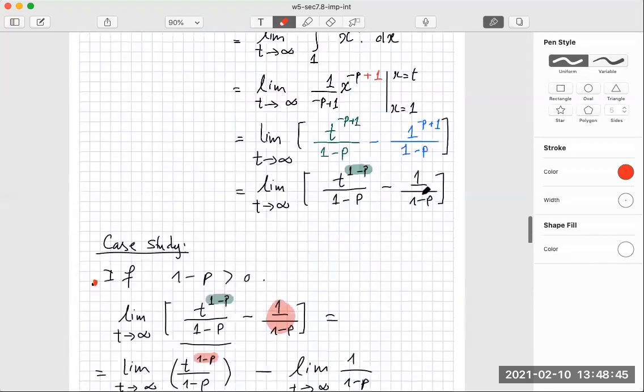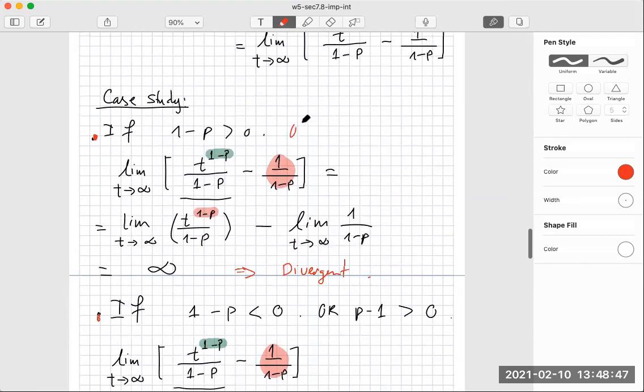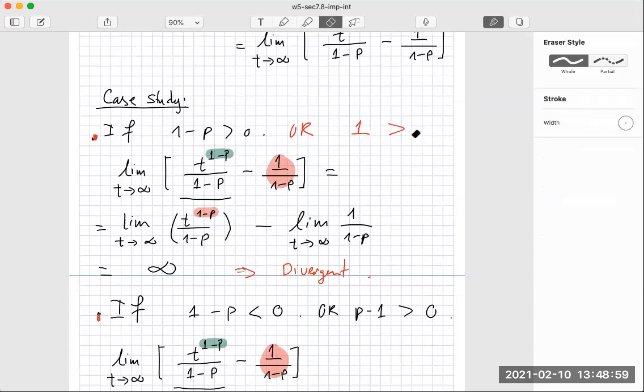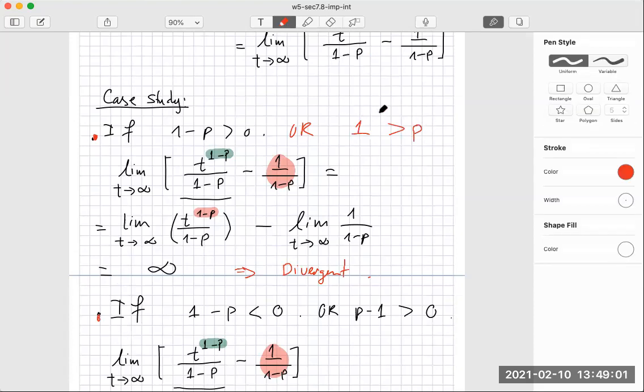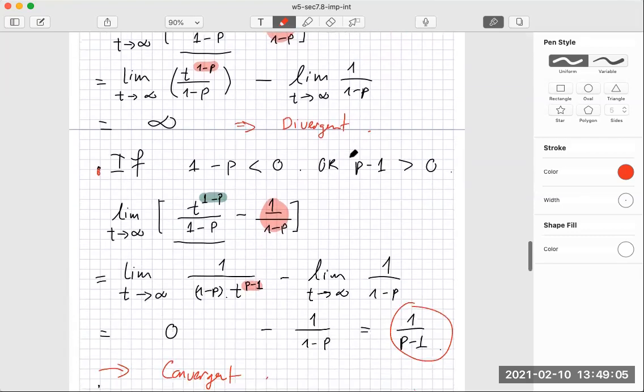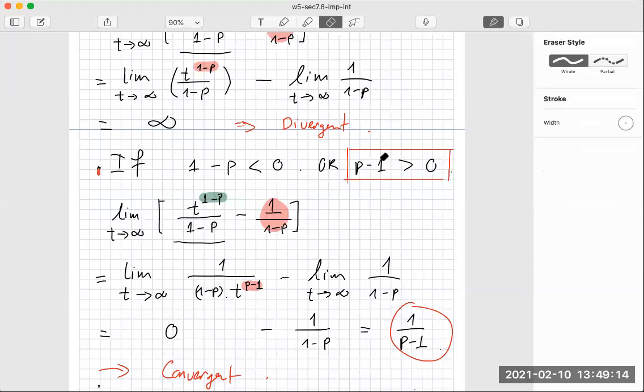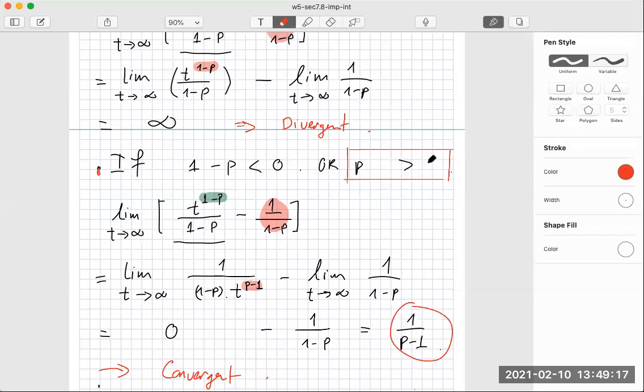Okay, here, 1 minus p is positive. It means that we add p to both sides, right? 1 is larger than p. The same thing, right? Or here, 1 minus p smaller than 0 means that p is larger than 1, right?